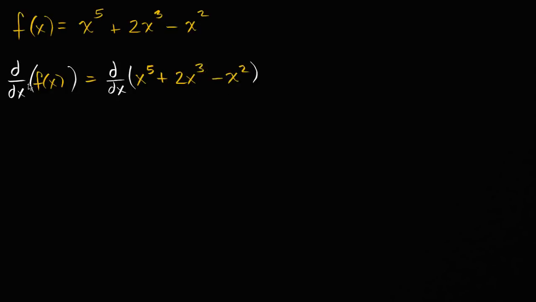And so the notation, just to get familiar with it, you could view this as the derivative operator. This says, look, I want to take the derivative of whatever is inside of the parentheses with respect to x. So the derivative of f with respect to x, we could use the notation that that is just f prime of x.